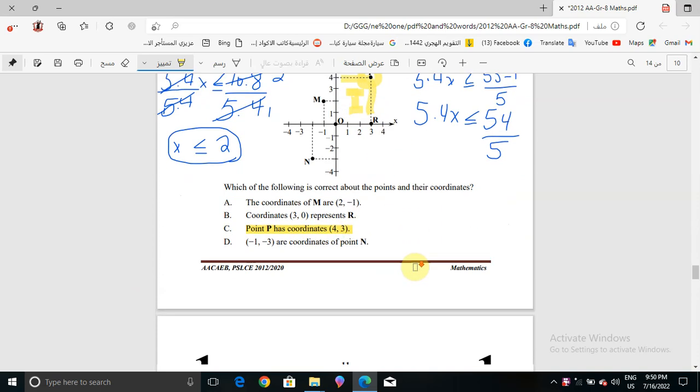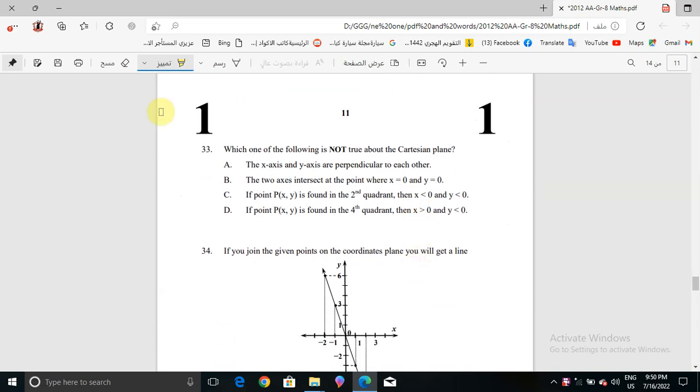Okay, now in question number 33, which one of the following is not true about the Cartesian plane? Here what we have, the x-axis and y-axis are perpendicular to each other. Yes, the two axes intersect at the point where x is equal to 0 and y is equal to 0. Yes, it's correct. If point P(x, y) is found in the second quadrant, then x is less than 0 and y is less than 0. No. Why?